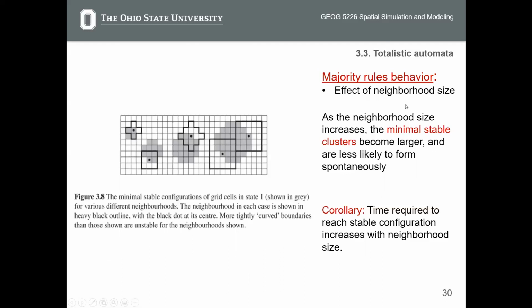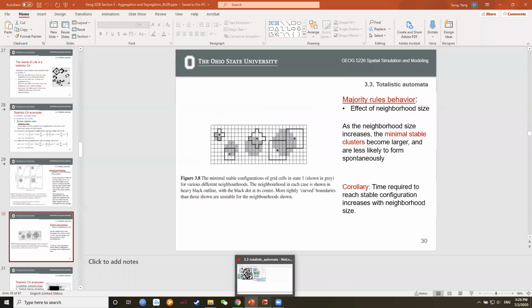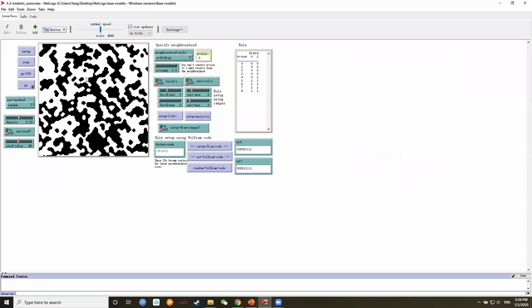And effect of neighborhood size. As the neighborhood size increases, the minimal stable clusters become larger and are less likely to form spontaneously. Okay, so let's get back to this. This is a stable system within the space, and we have larger stable clusters and smaller stable clusters, no matter for white area or black area.